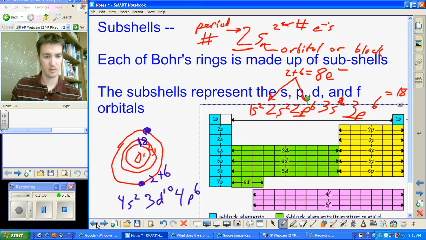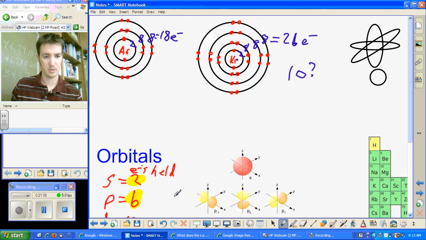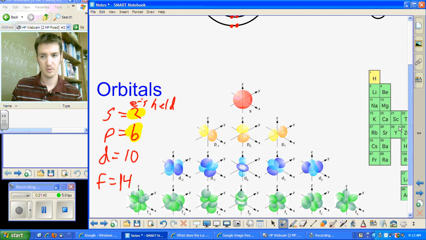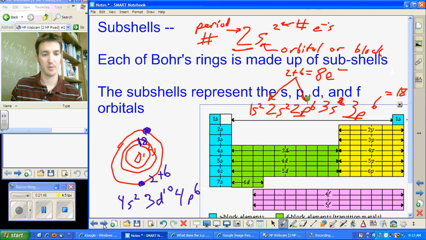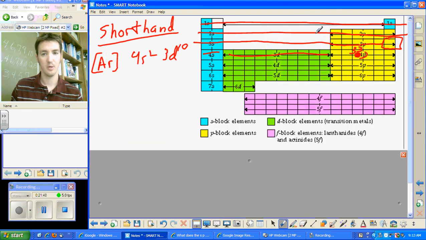If we back up a little bit, we saw on this page that for the d's, there are 10 of them. That's where that number 10 comes from. That's how many electrons are held by that orbital. And then we are back in 4p, 1, 2, 3. So 4p3.